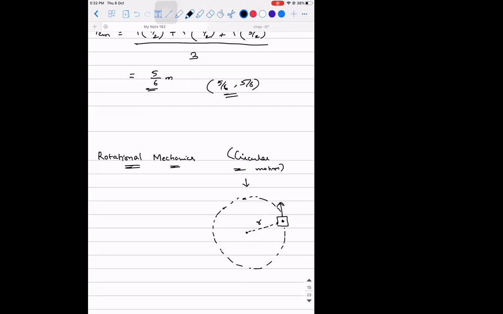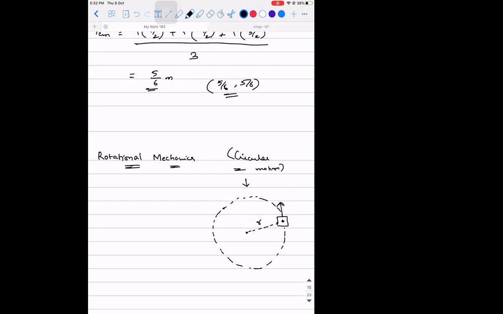When a particle is revolving around its center, it undergoes circular motion. Okay, did you guys understand? Are you guys clear with this? So the car as a whole is in circular motion.